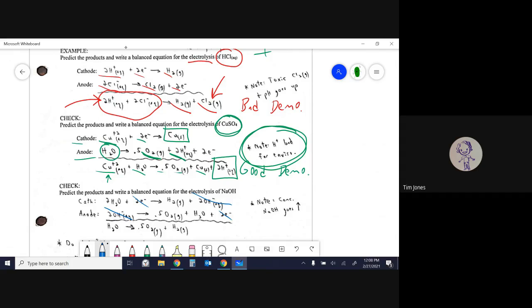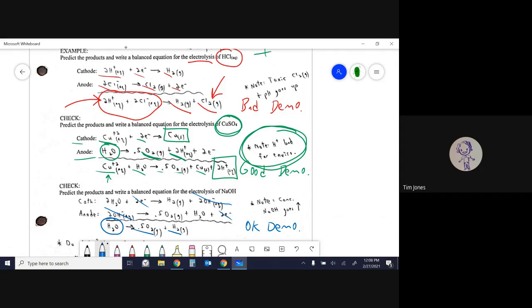And then just add everything else up, and you get that ultimately all that's happening overall is water is being turned into oxygen and hydrogen. This would be an okay demonstration because at least nothing's toxic, but you'd have to be careful because you'd be making a flammable gas, H2, and things burn in O2 in exactly the right stoichiometry to cause an explosion. So it just has to be done in a careful environment.